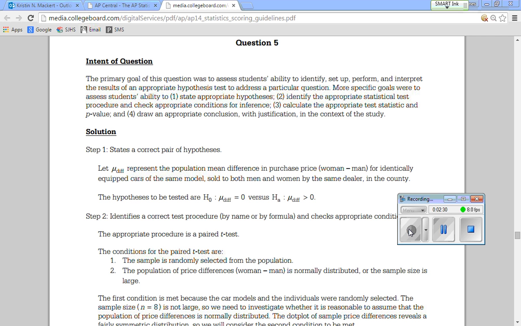So if you name this as a matched pairs t-test, then you have to treat the hypothesis as so. The only way that you could write the hypotheses is the way that they're written here. If you wrote that the mean of the males is equal to the mean of the females, what is that?